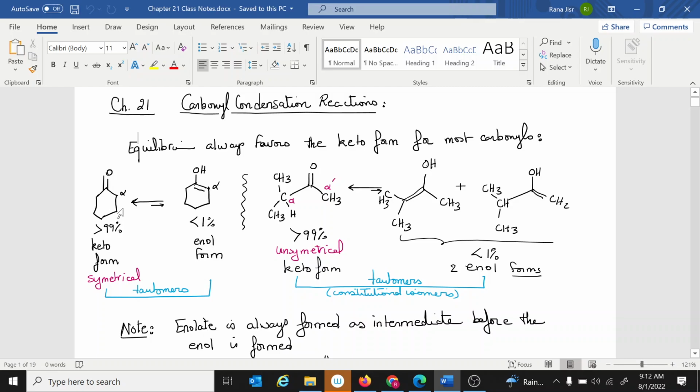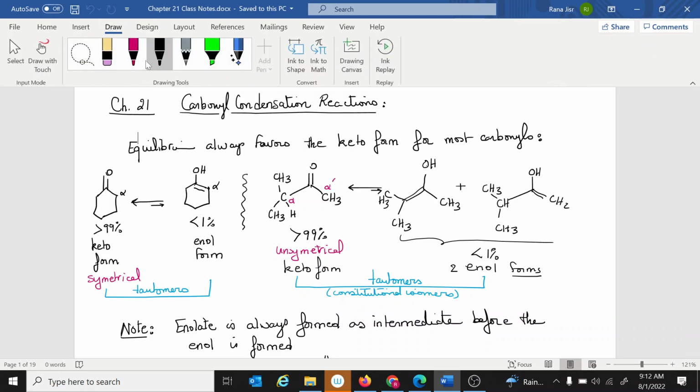And we said that the keto form is more stable at equilibrium. The enol form is simply whenever the double bond shifts to the adjacent carbon, and one of the hydrogens of the alpha carbon rearranges to the oxygen. This is the enol.